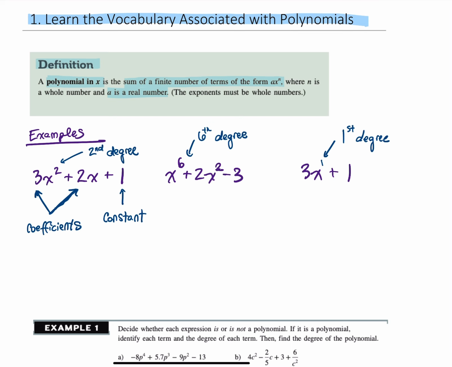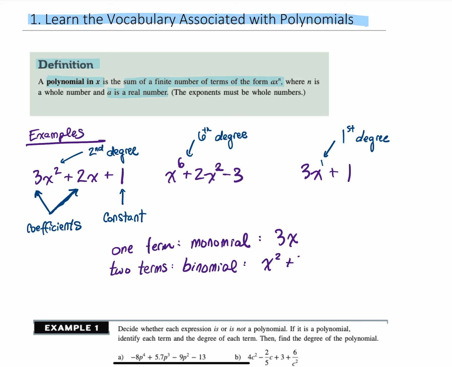Just to add a few more vocabulary terms, depending on how many terms are in the expression, we can have special names. For example, if it has one term, we can call that a monomial, like mono for one. An example would be like 3x to the first power. If we have two terms, we can call this a binomial, like x squared plus 3x.